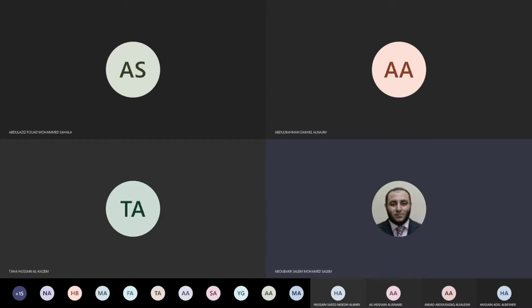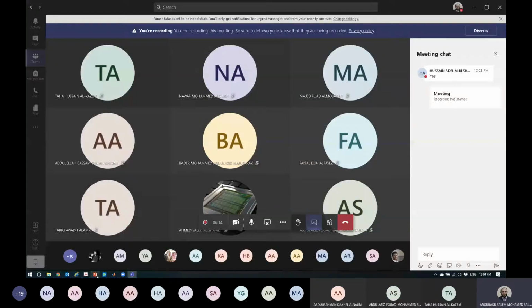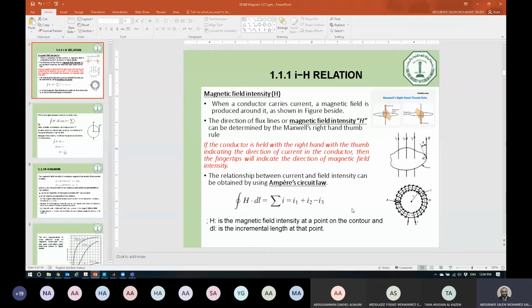Today, inshallah, we are going to continue the magnetic circuit topics. Last class, we discussed the basics of magnetic circuits. We discussed the parameters like magnetic field intensity, magnetic flux density, and flux, and discussed the units of each term.